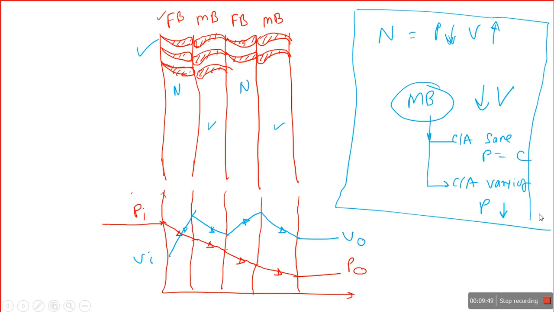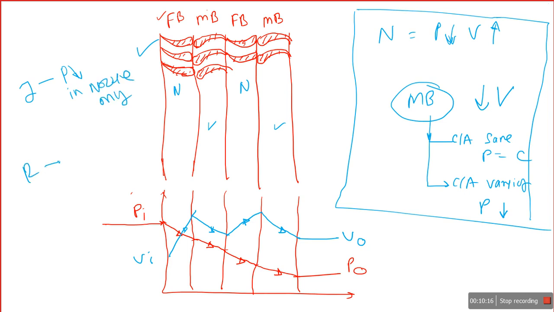This is our reaction turbine. Now we discuss the difference between the impulse and the reaction turbine. I told you that in case of the impulse turbine, the whole pressure drop takes place in the nozzle only.